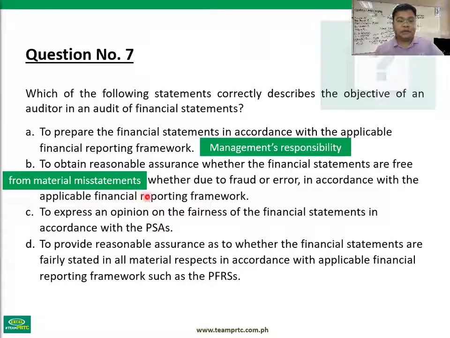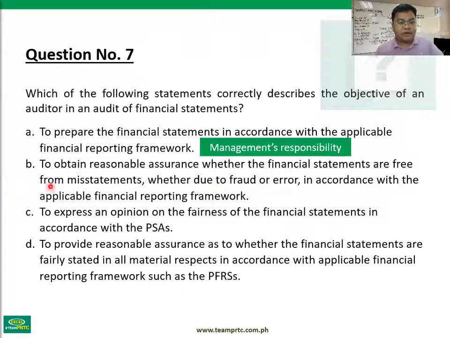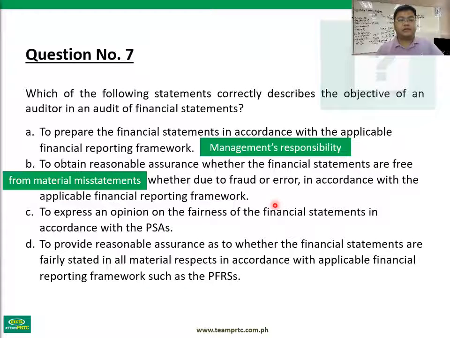Because of the missing modifier material, the statement is incorrect. So letter B is also not our answer. There should be a modifier material before the term misstatements. To make the statement correct: to obtain reasonable assurance whether the financial statements are free from material misstatements.